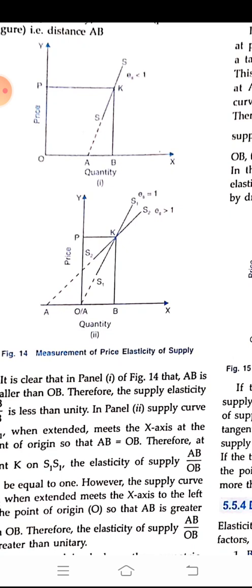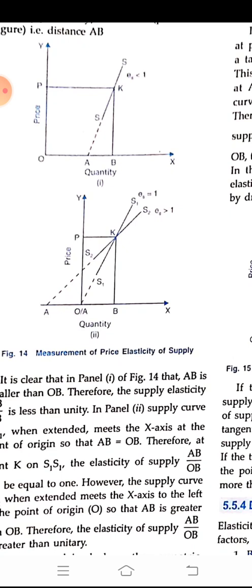Therefore, the supply elasticity AB divided by OB is less than unitary. That's why they have written ES less than 1. ES less than 1 means elasticity of supply is inelastic in nature.